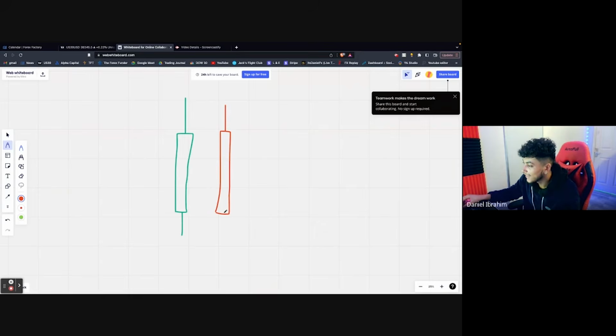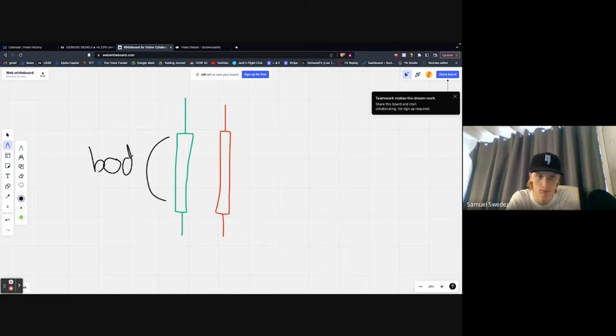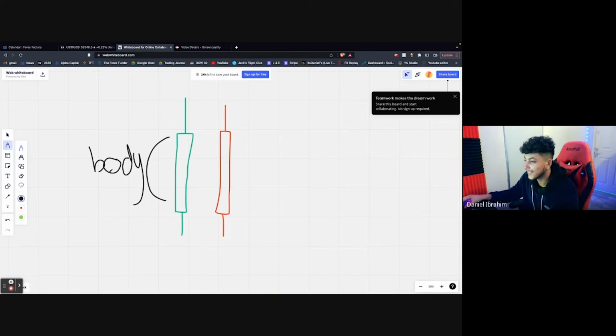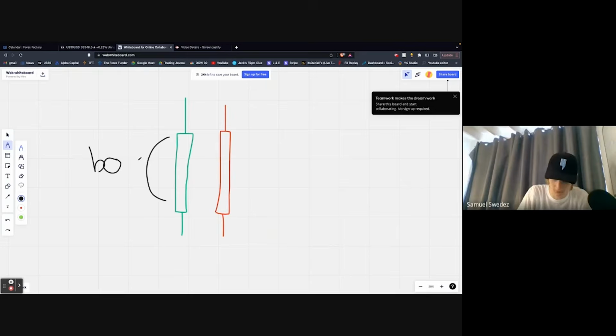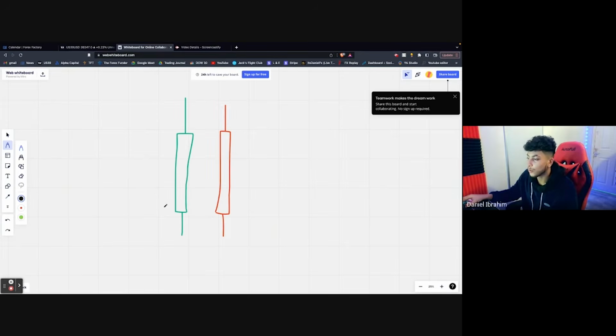All right, so the candlestick is separated into two main sections. You have this main section right here, which is the candle body. The candle body shows you where price opened and where it closed.